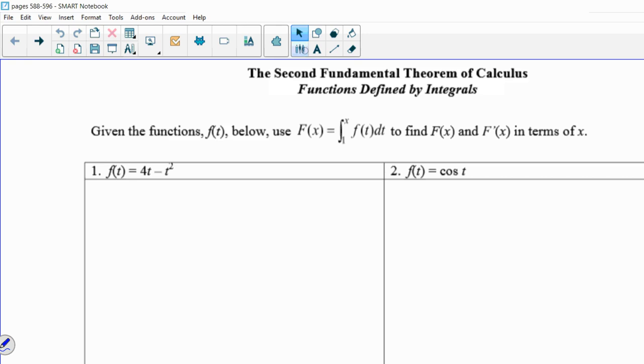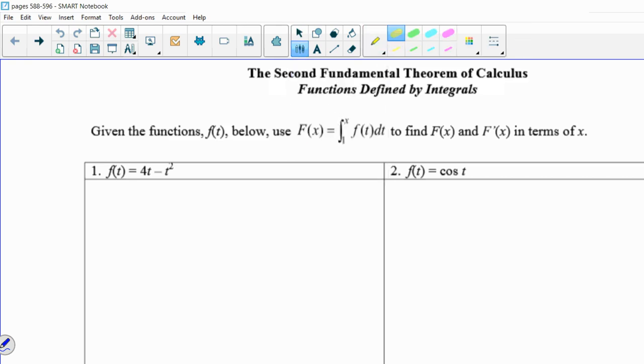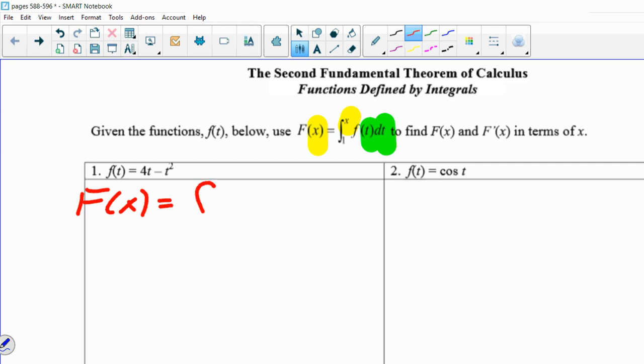Now you notice, remember I told you that he got sloppy with his notation earlier? He's not sloppy this time. There's x, there's t. He did it right this time. Yay, Sparks. Number one, big F of x is the integral from 1 to x of little f of t dt.